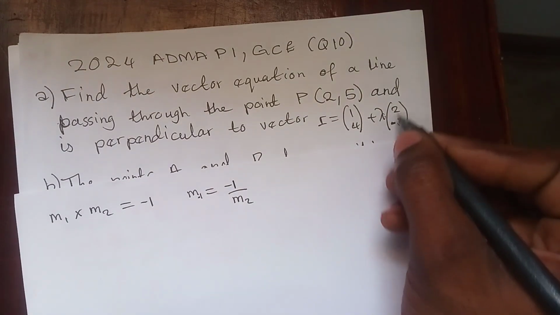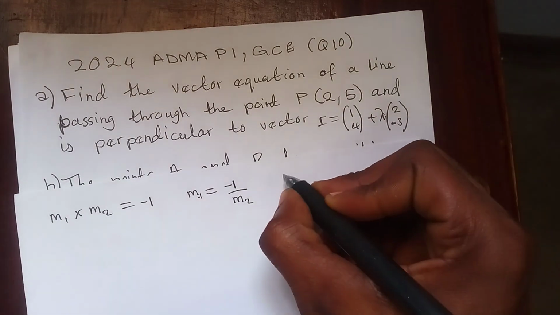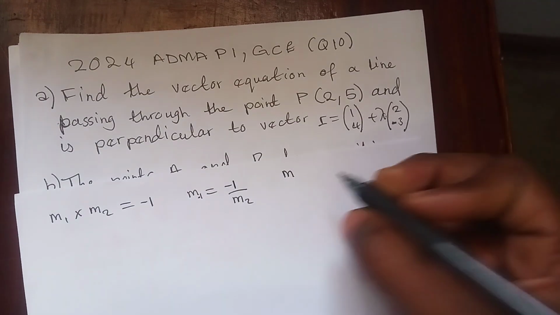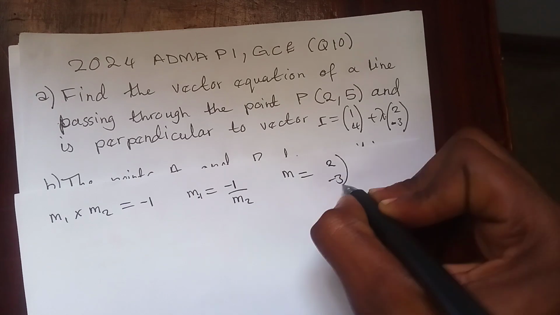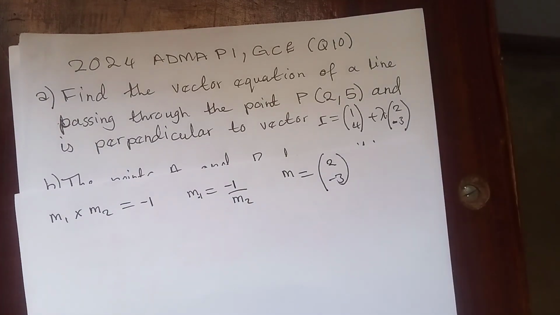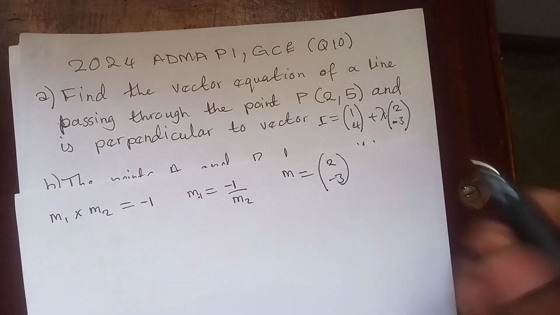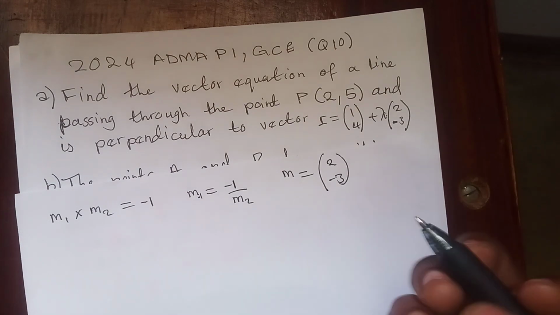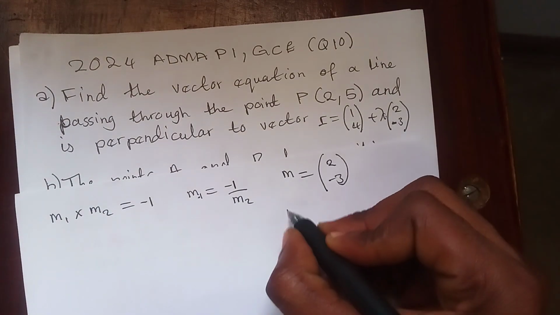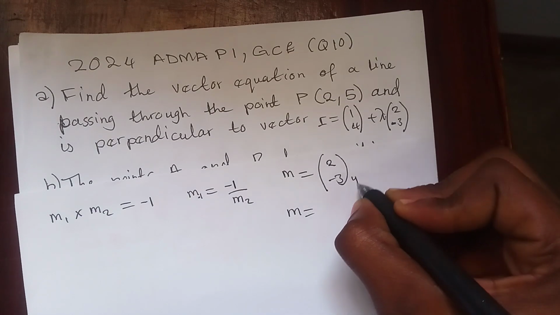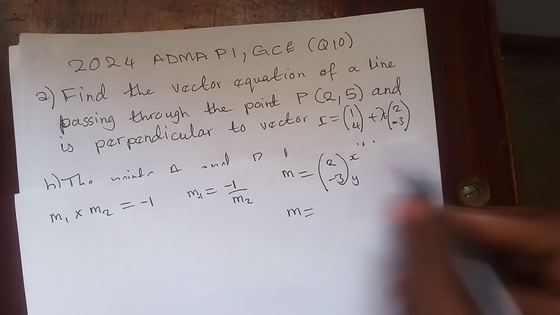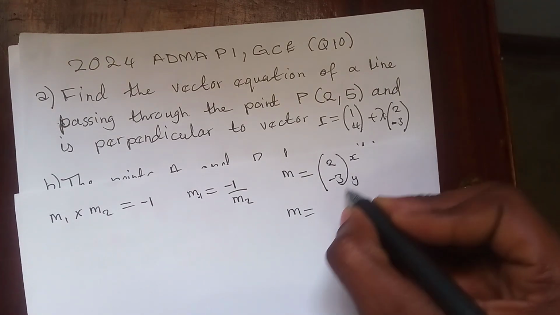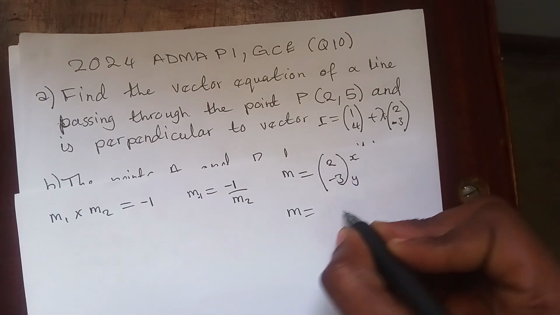The same applies to this. So this is the direction. The direction here, if I may call it M, is (2, -3). If you were to convert this to the other form for linear equations, this is your y, this is your x. To find the gradient, you can simply say y divided by x.